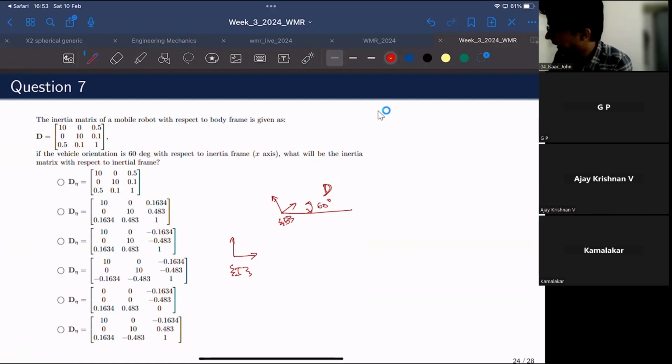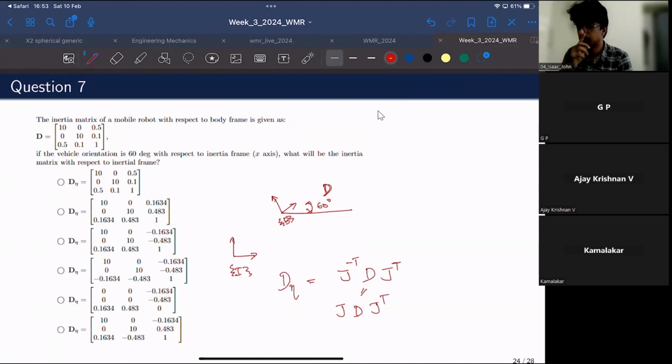So the inertia matrix or the mass matrix in the inertial frame of reference is J inverse transpose D J inverse, sorry, J transpose. Or this is equivalent to J D J transpose. Both are equivalent because J is an orthogonal matrix, so J inverse and J transpose are essentially the same.